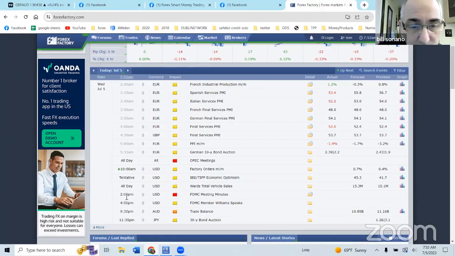But right here at 2 p.m. Eastern time, we have some high impact news here on the dollar, FOMC meeting minutes and stuff like that. So that's a point of interest there at around 1:30. If you have any real money in these trades, you're not on demo, you may want to look and exit your positions before that news hits.